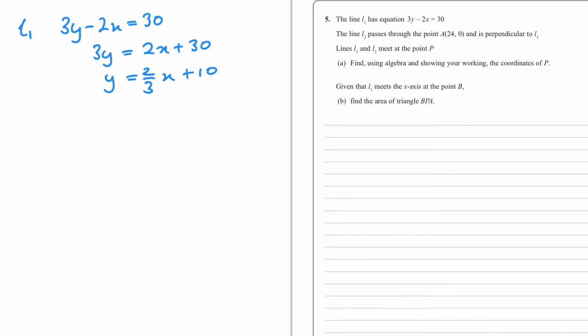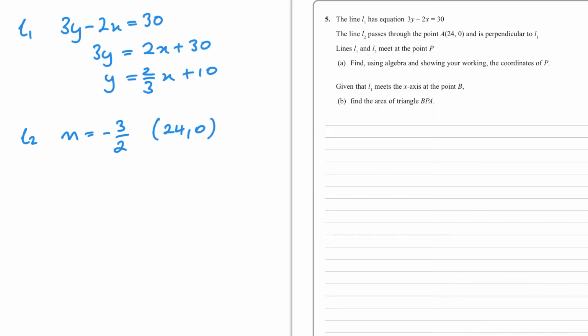And we do that because we can see that L2 is perpendicular to L1. So if we think about perpendicular, the gradient would be flip the gradient and change the sign. So when I'm looking at L2, its gradient is going to be -3/2. And we know that it passes through the point (24, 0).